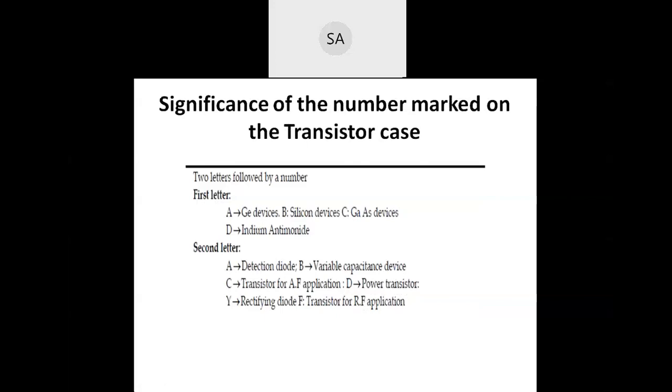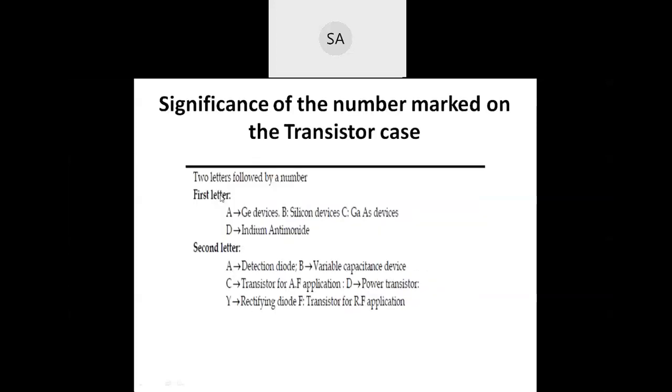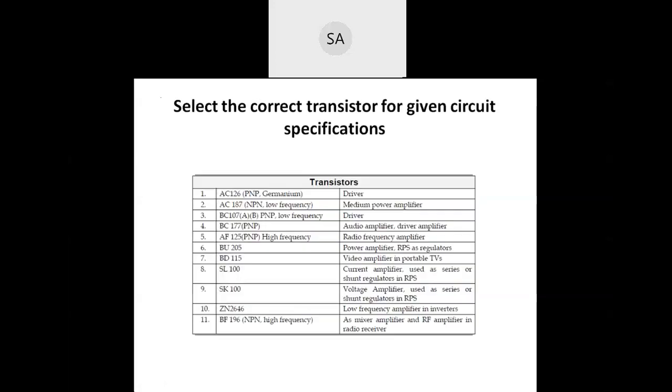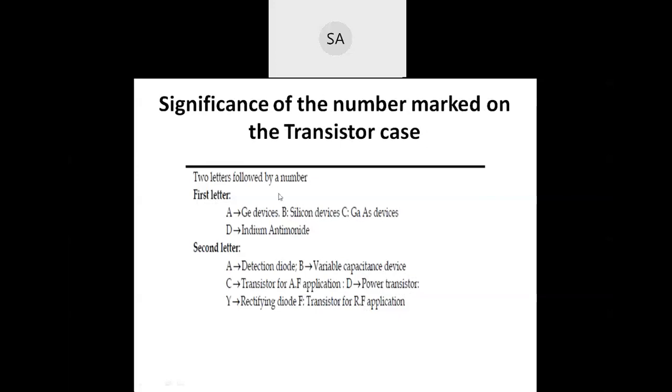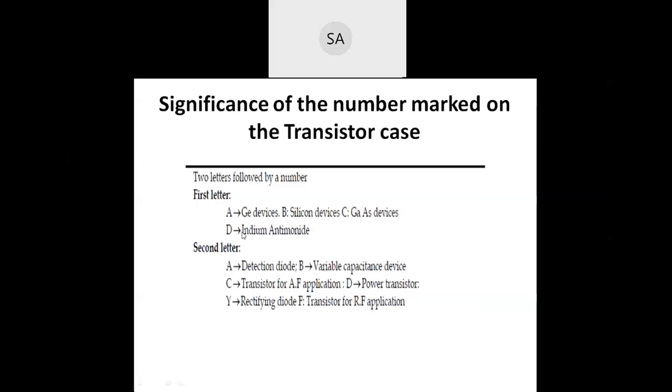The first letter indicates the material: A, germanium devices; B, silicon devices; C, gallium arsenide devices; D, indium antimonide devices. So if the first letter is A, it means germanium devices. Here we have AC: AC means germanium devices, and in BC, silicon devices.